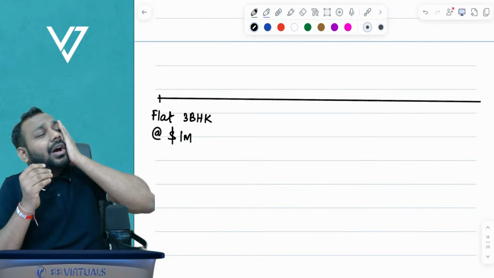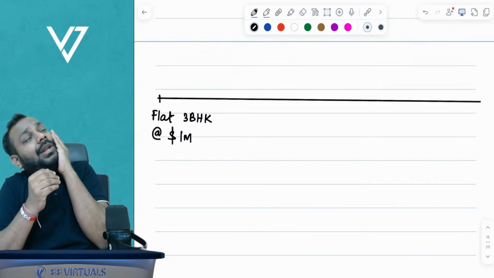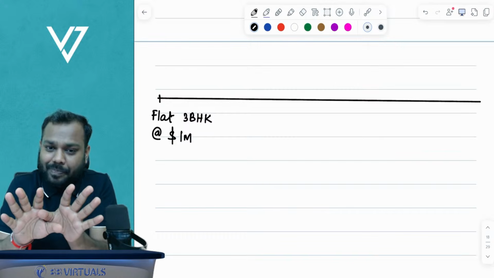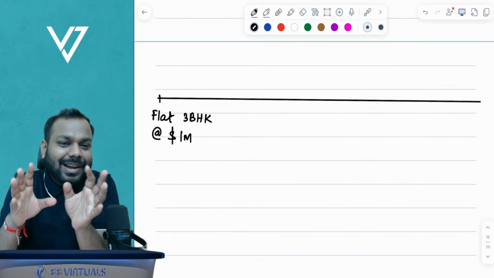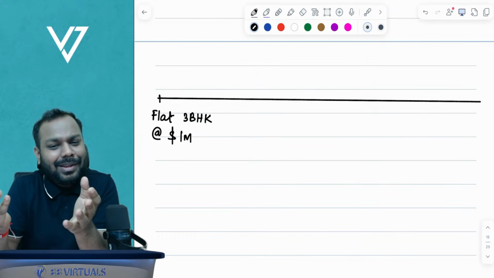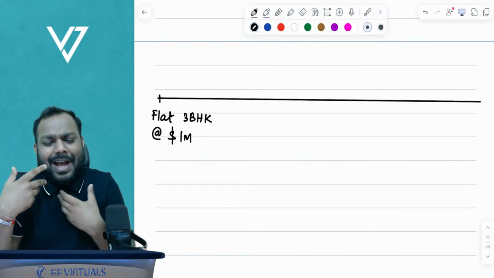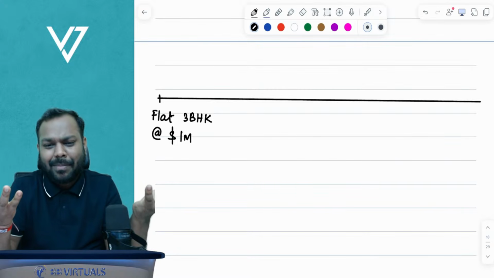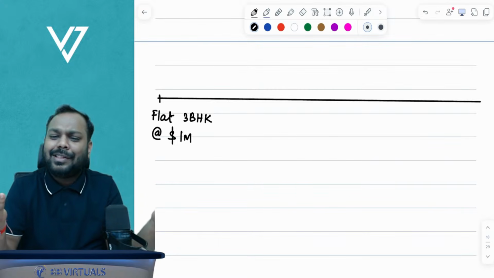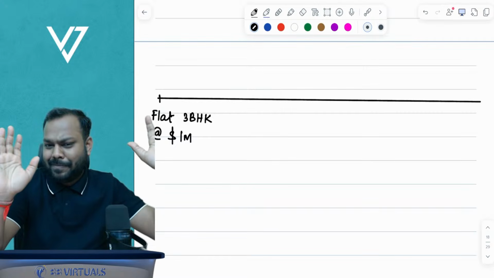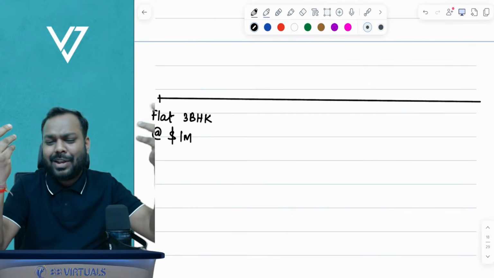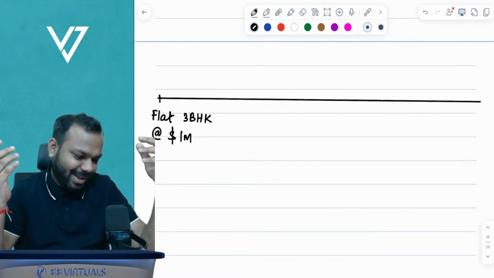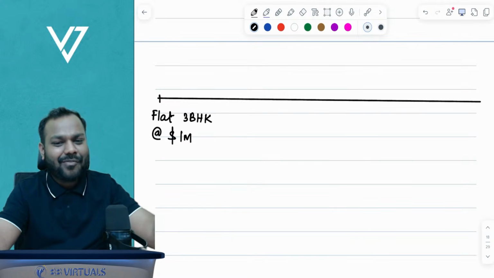If we would have purchased that property that time, this would have been the value. Tell me, have you heard a conversation like this in your family? I am coming from a Bania family, so this type of conversation is very much common in my family. Come on, guys, tell me.